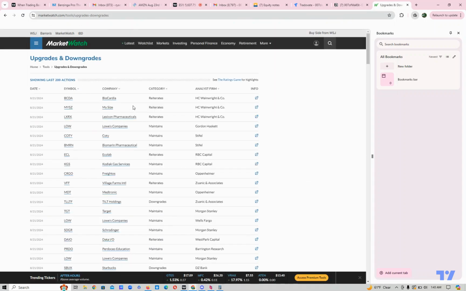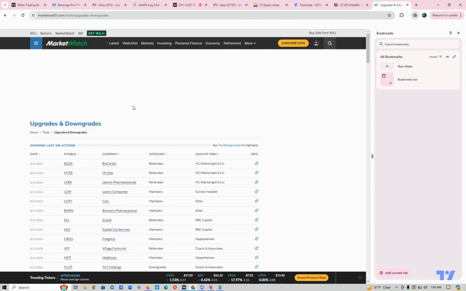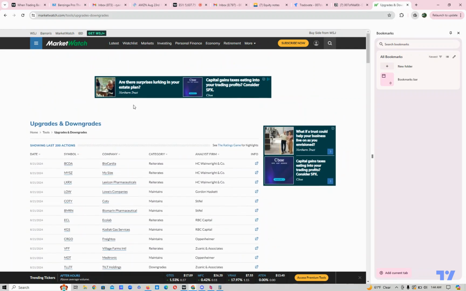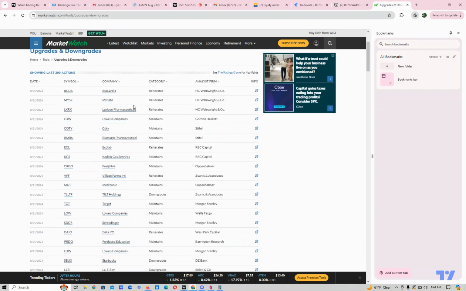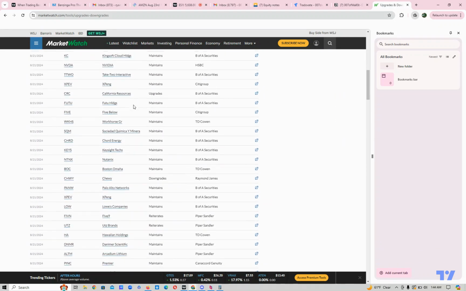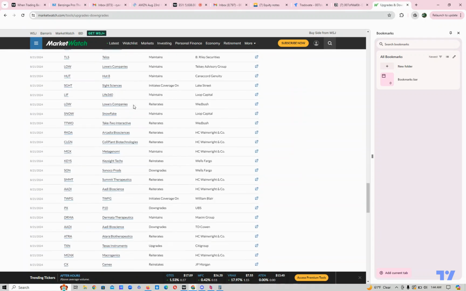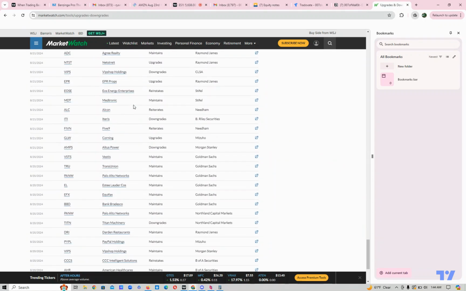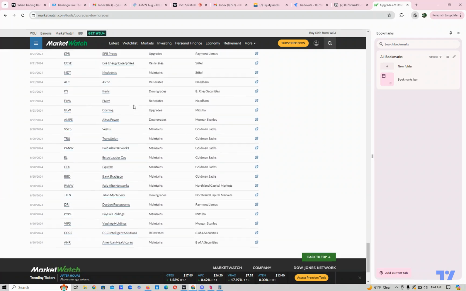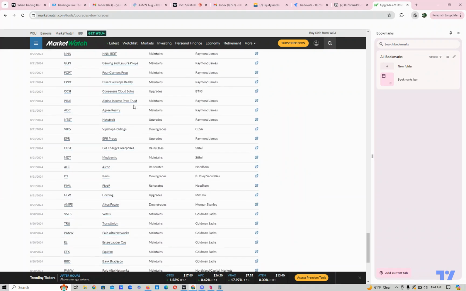Okay, so usually on the daily, if you can pull up the Market Watch upgrades and downgrades, you can see what stocks they're upgrading and downgrading at the start of the day. When you look at it at the end of the day, you see a lot, but usually by 7 a.m. it's a much shorter list.